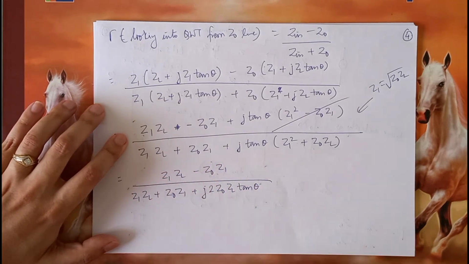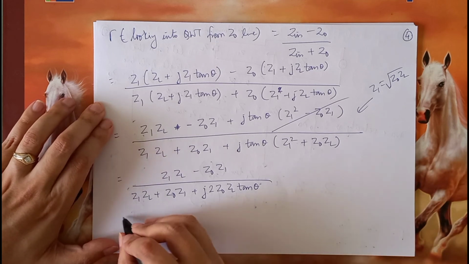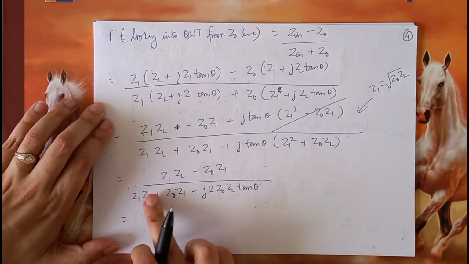Okay, so what can we do? We can take Z1 common in the numerator as well as the denominator.